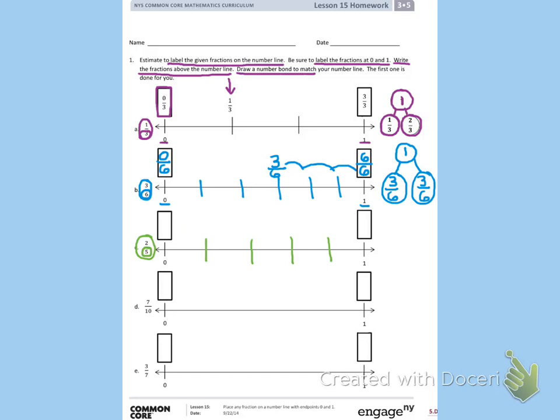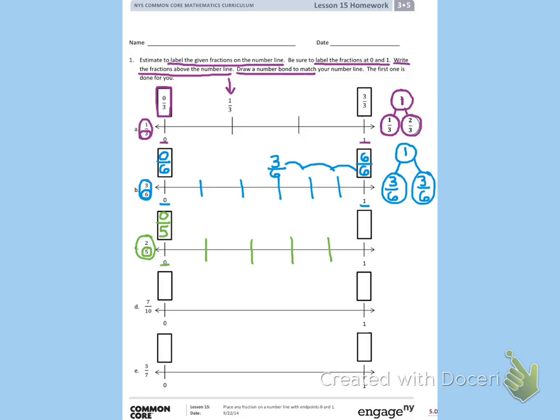Now, since there is a 0 at the beginning, I know that the first box is 0/5. Then I can begin counting by fifths.